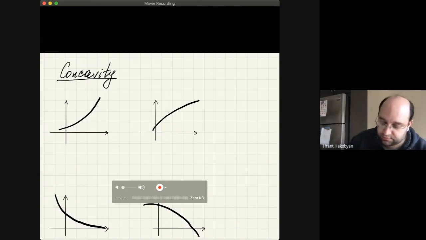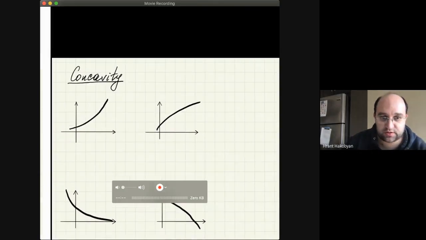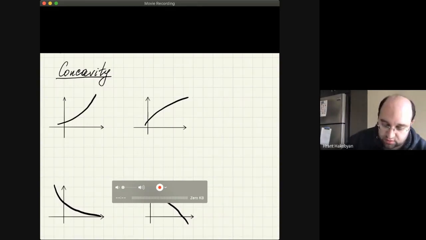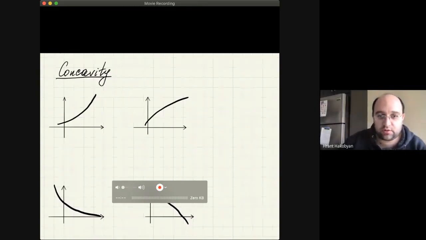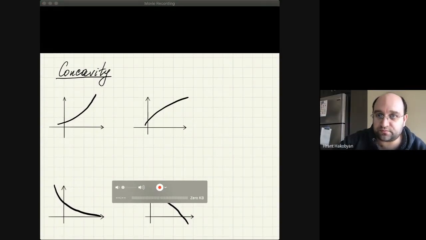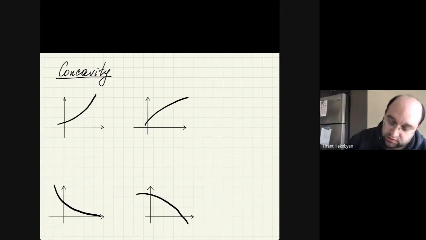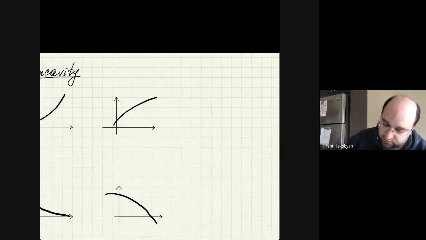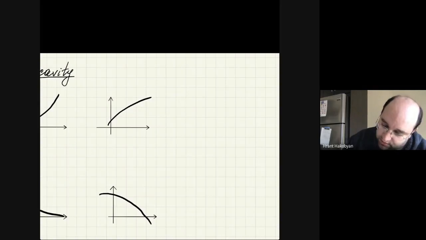There are four graphs that you can see. Last time we talked about increasing and decreasing functions. So these top two functions are, of course, increasing.